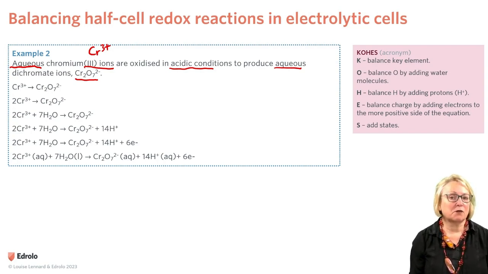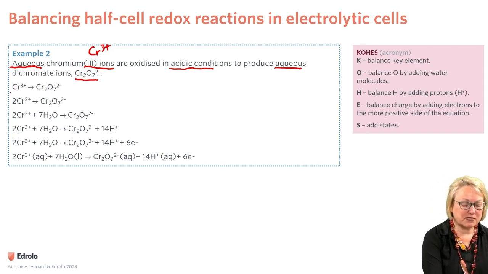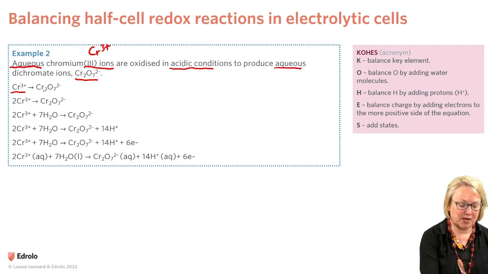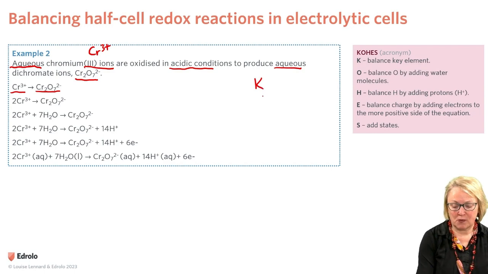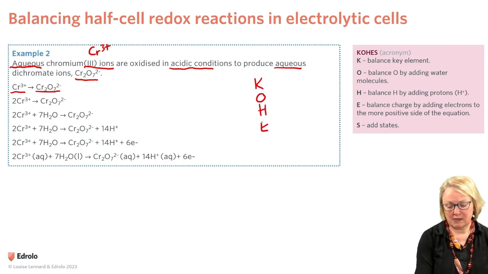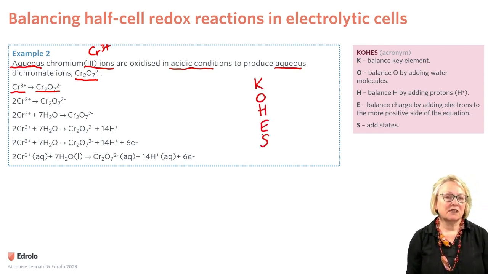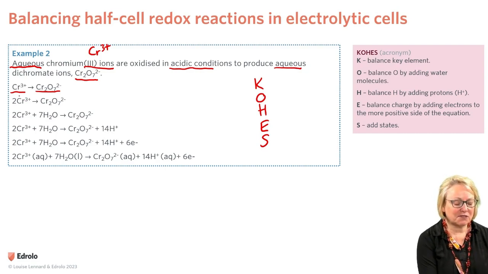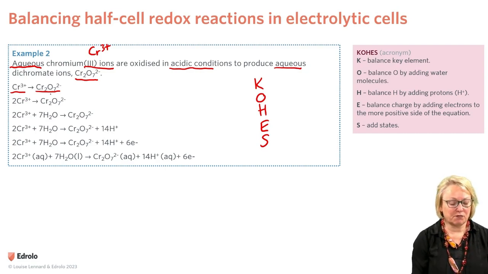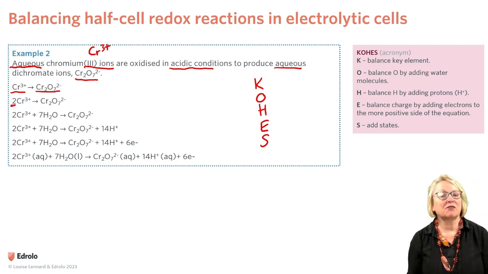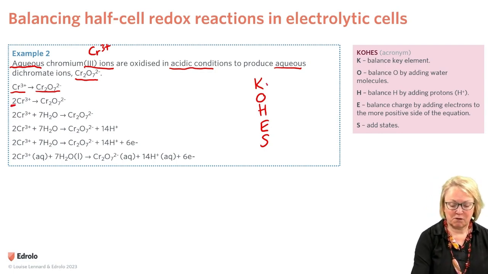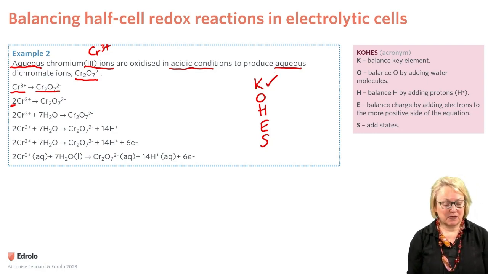So we're starting off with chromium-3, so we're Cr3+, and we end up with our dichromate ions. So according to COES, we start off with the key element. Now we've got 1 chromium on the left, we've got 2 chromium on the right, so we need to add a coefficient of 2 in front of the chromium. So now we've balanced the key element.